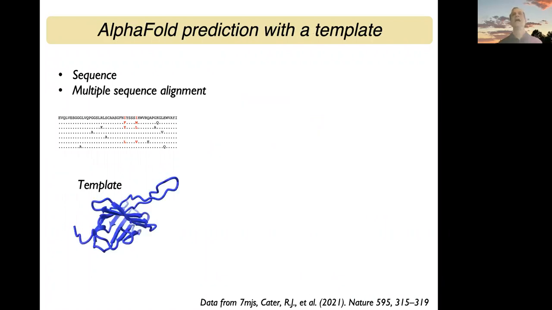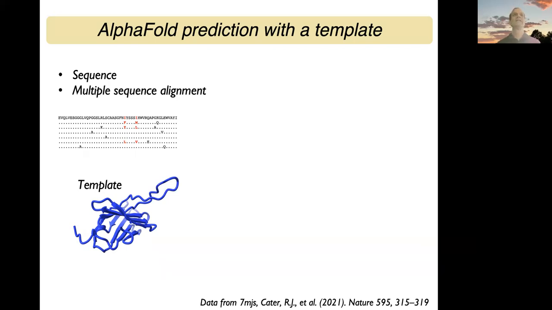And now we're going to add in a template. And AlphaFold does not use the template directly as the structure. Rather, it takes that template and says, what are the backbone phi-psi angles? And it uses those as information about a possible structure.